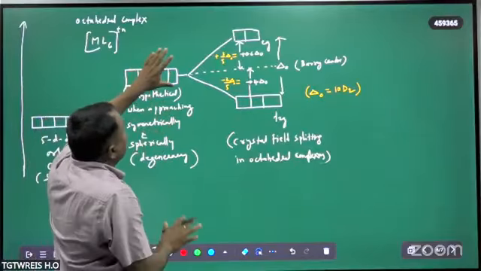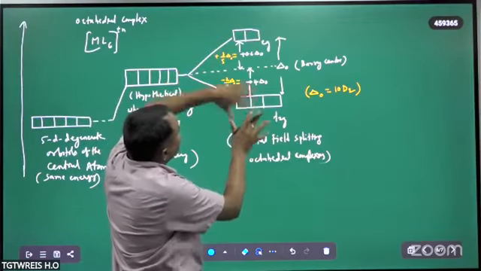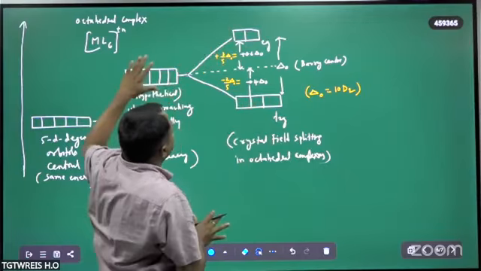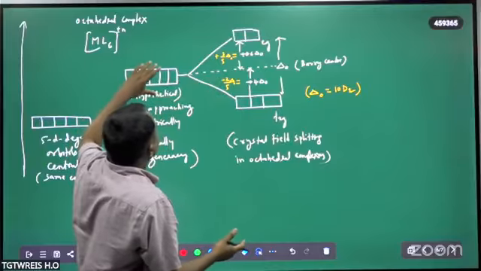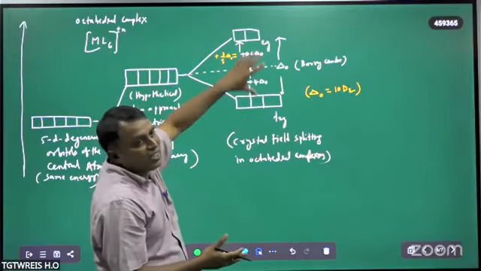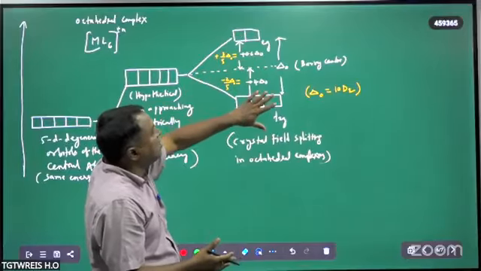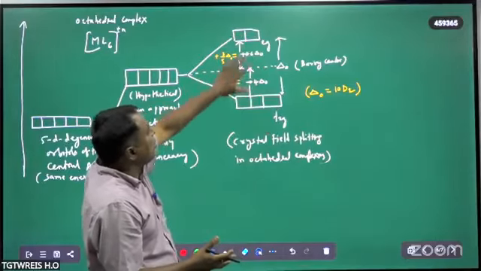But here the degeneracy is changing, which means these five degenerate d orbitals split into two energy levels: one is the eg and another is the t2g.